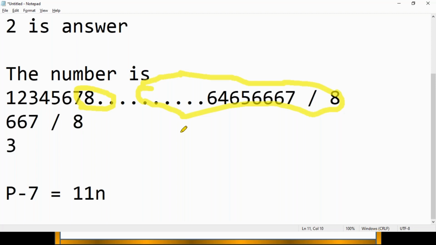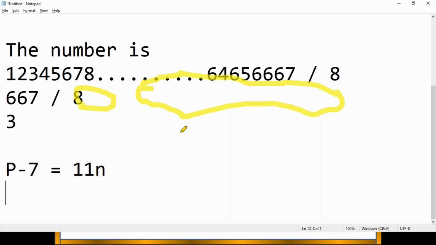That is the reason P minus 7 is equal to 11n. From that, P is equal to 11n plus 7.